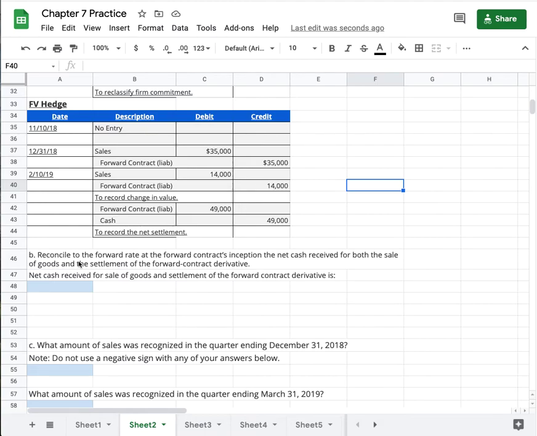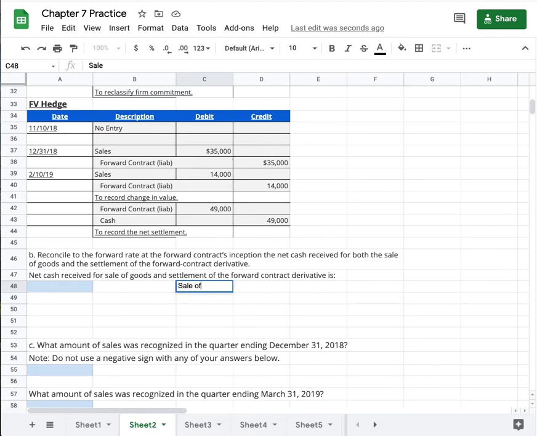B says, reconcile to the forward rate at the forward contract's inception the net cash received for both the sale of goods and the settlement of the forward contract derivative. Net cash received for the sale of goods and settlement of the forward contract derivative is, and so over here I'll just describe what we're doing.